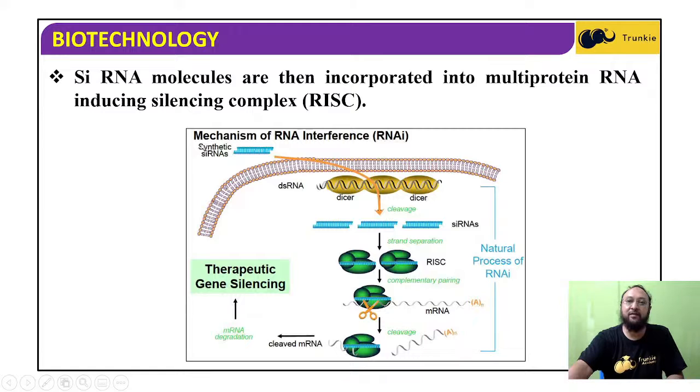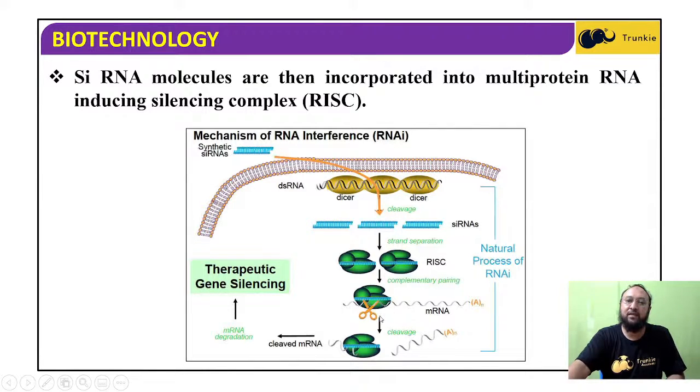So, the mechanism of RNA interference, what do you think? Synthetic siRNA and then the double-stranded RNA, Dicer. Then we get the fragments, siRNA, and then strand separation, RISC, the natural process of RNAi, and complementary pairing.